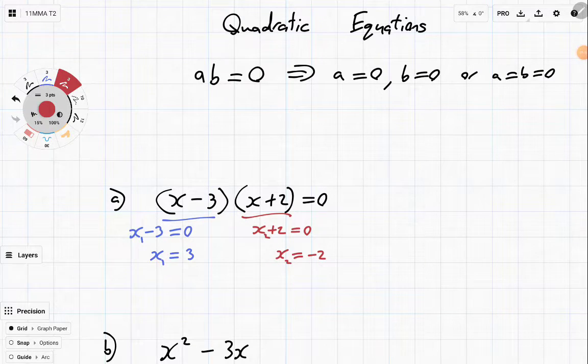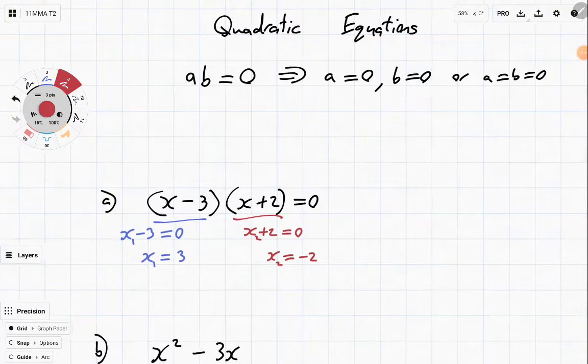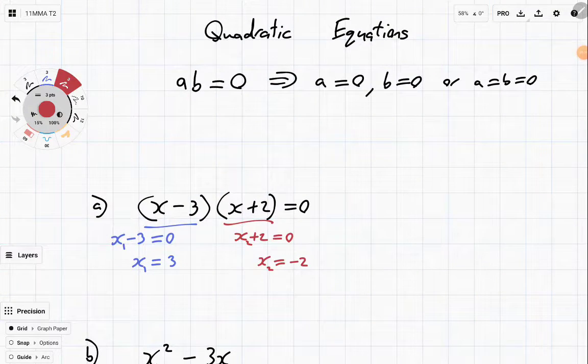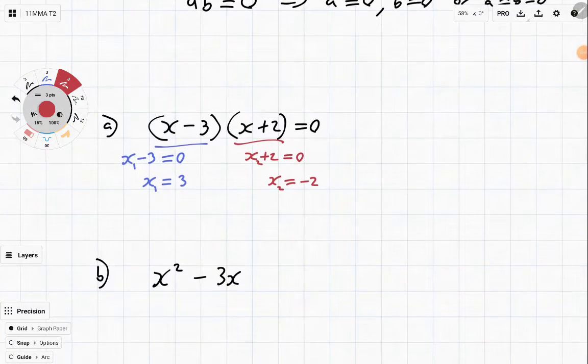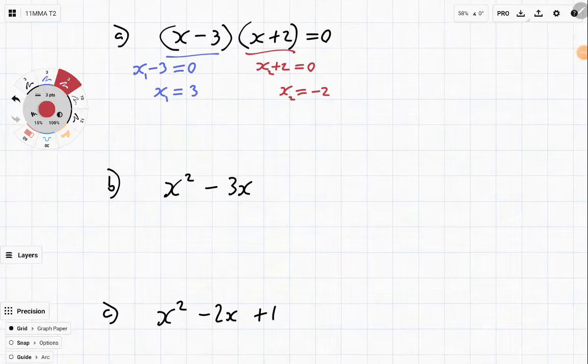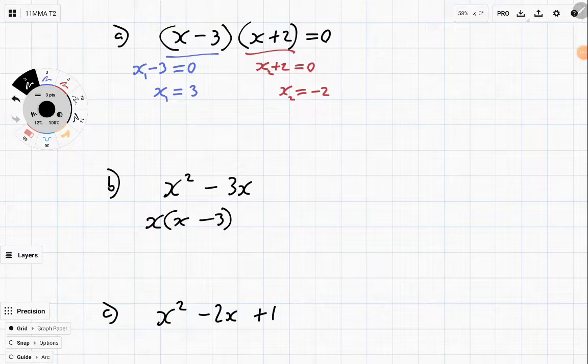So null factor law allows us to quickly solve any sort of quadratic equation once factorized. Meaning, what if it's not factorized? Well, if it's not factorized, then hey, we better factorize it first. So for this one, it's a direct factorization. These both have a common factor of x, so let's pull that out the front. We're left with x minus 3 inside the brackets. And we've got the two options.